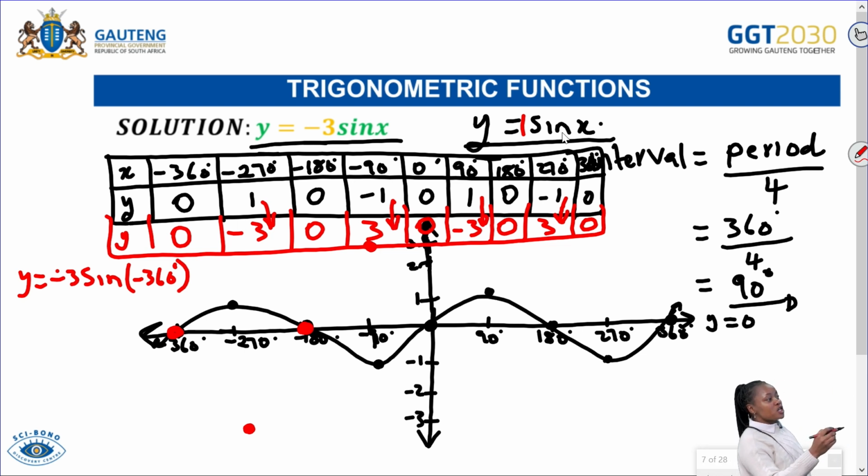And then at 0, I'll still have 0. And then at 90 degrees, I'll have negative 3. At 180 degrees, I'll have 0. And at 270 degrees, I'll have positive 3. So it's going to be somewhere here. And then at 360 degrees, I'll still have the 0.